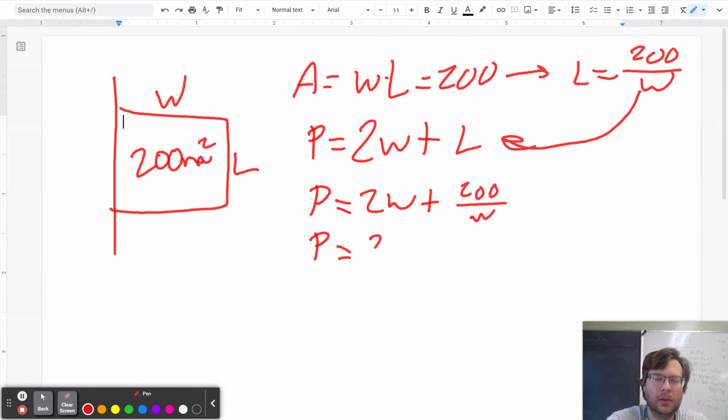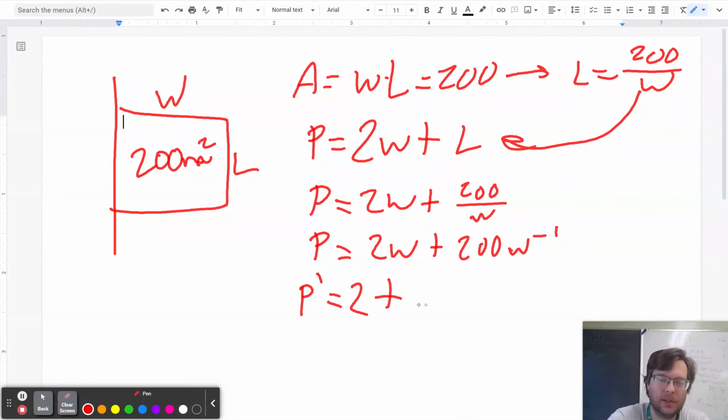Get used to, when you're doing derivatives and integrals, writing it as a negative exponent. Then you take your derivative: 2 plus, I guess I should have written minus, 2 minus 200 W to the negative 2, and set your derivative equal to 0 to find your critical points.